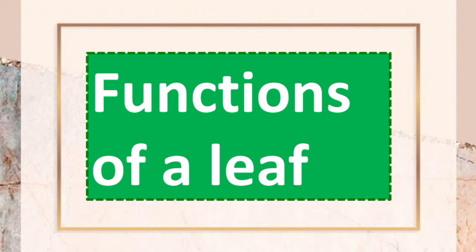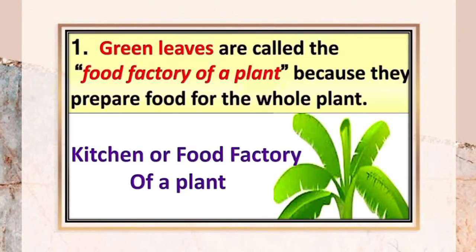A leaf performs different functions, like it helps the plant to make its own food. So children, chlorophyll is very important. Chlorophyll doesn't only give green color to the plants, but it helps the plants to make their own food, right? Because of this, chlorophyll is very important for the plants, and for animals and human beings, as we are also dependent on plants.